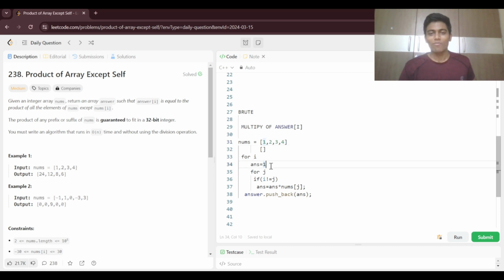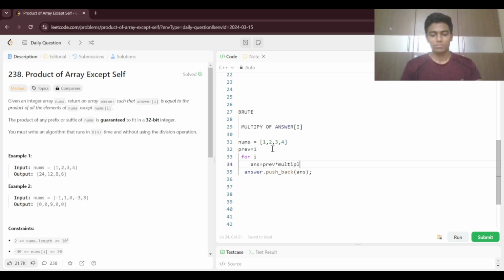That means whenever we come here, previous will be there. We will be initializing previous equal to 1, and then whenever we are coming here, the answer is going to be previous times the product of the elements from i plus 1.